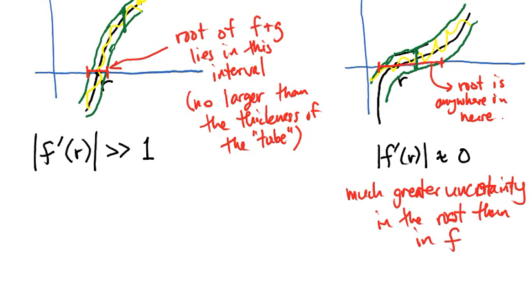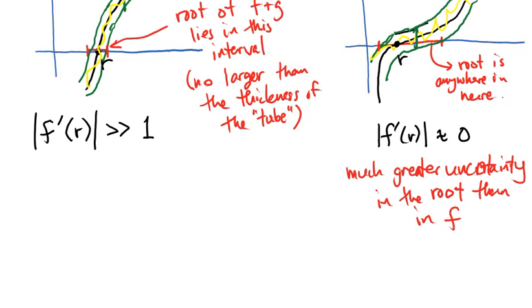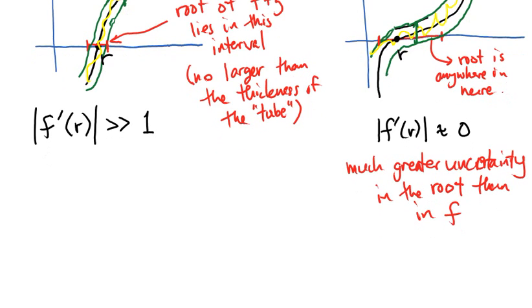That's what we mean by the condition number. We could think of it as perturbation, or as uncertainty, measurement error, whatever you like. Whatever the cause, changes in the function are amplified when it comes to the root.